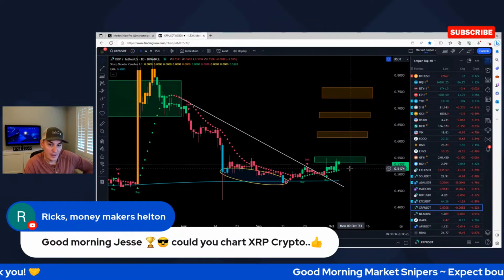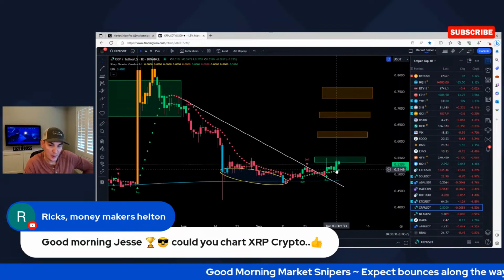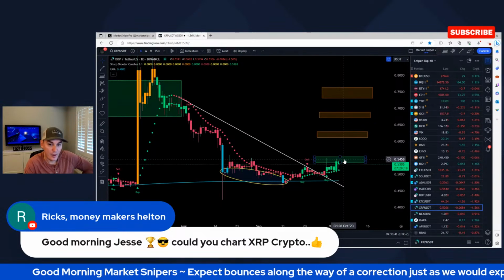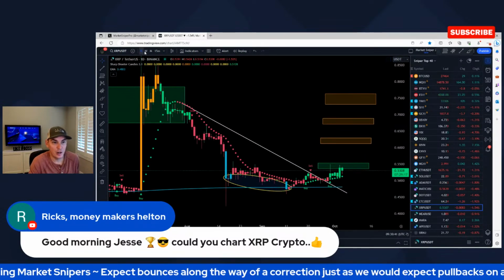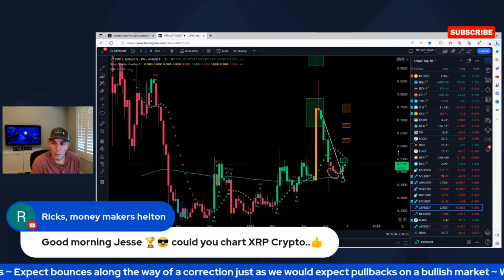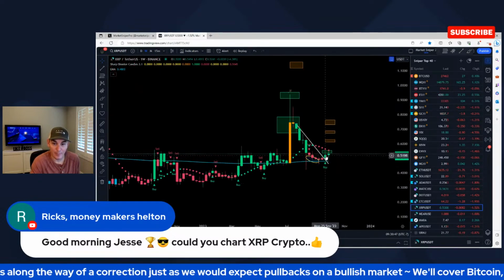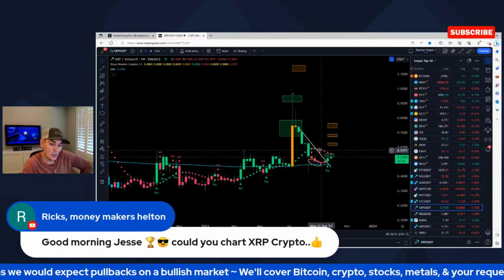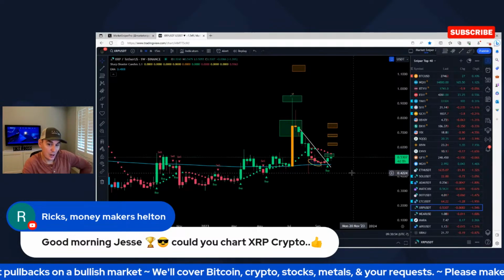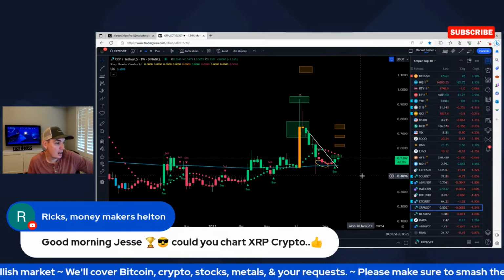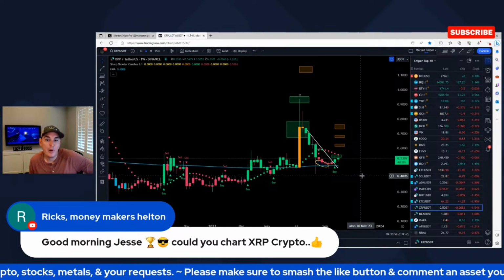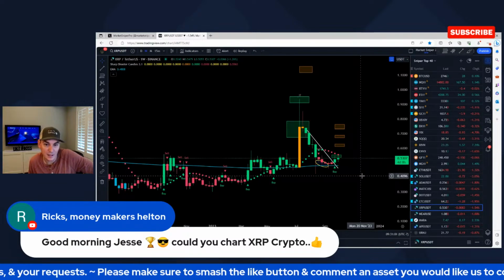So it came back down, retracing this big candle up, and it's starting to push back up now, and it's still bullish on the daily chart. The weekly chart also had a buy signal, but the buy signal is below the trending dots. So be cautious, as it could just be one of those quick pumps, one of those quick wicks up.